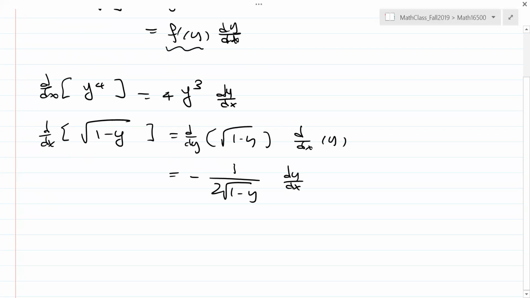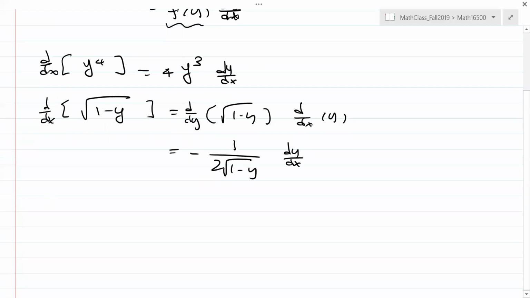So how do you find the derivative of the square root of 1 minus y? You have to use the chain rule. All right, so you have to be very careful about which variable you're talking about when you differentiate. Okay.